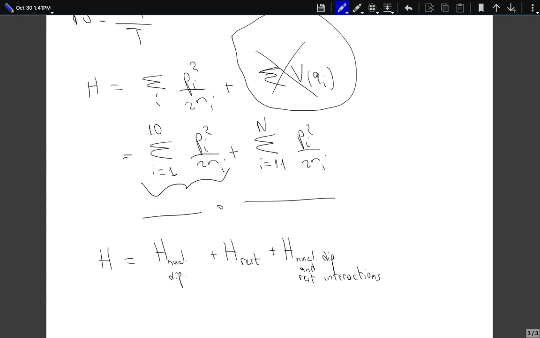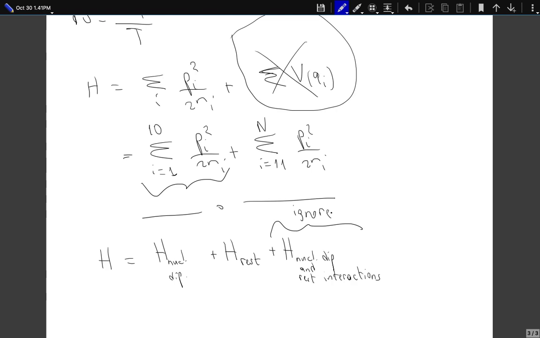But nuclear dipoles interact very weakly with the rest of the system. You see, there won't be a strong flow of energy from the energy stored in the dipoles to the kinetic energy. So to an approximation, I can ignore this.